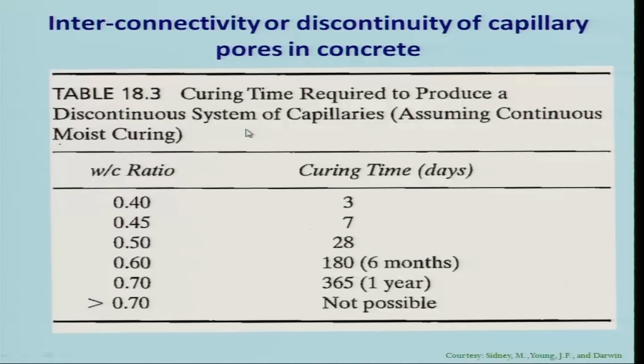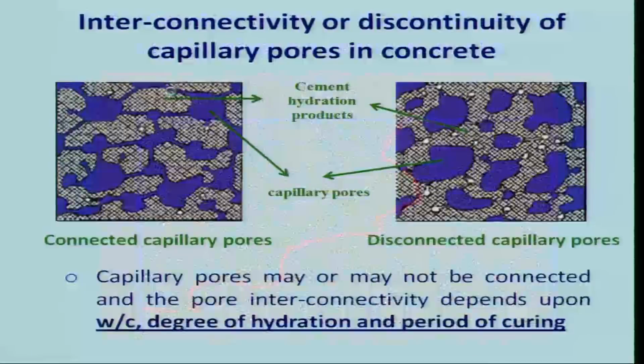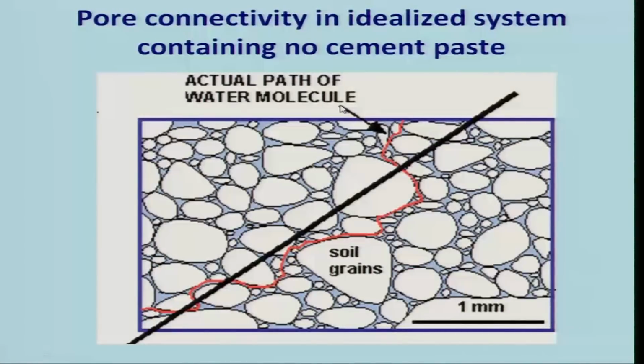Now the question arises, do we need a continuous system or a discontinuous system? If you have a continuous system, any solution or chemicals basically pass from one end to the other.